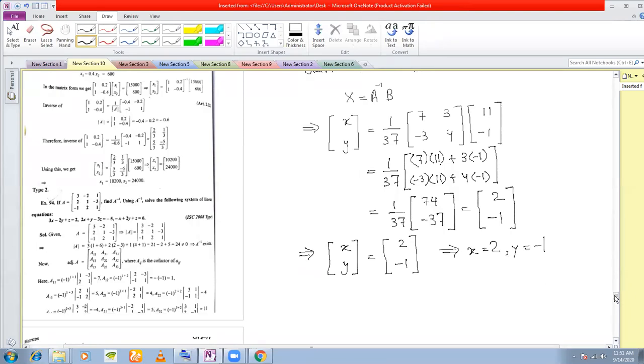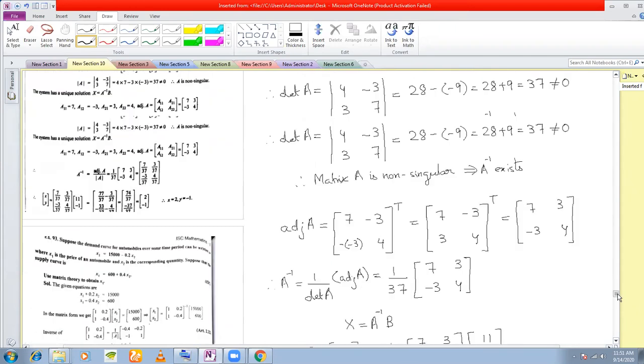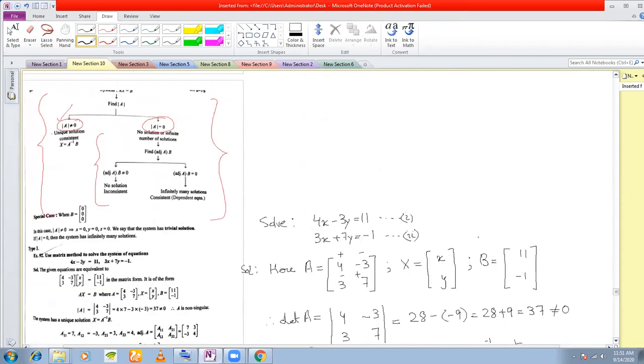So once you know how to find out the solution of three equations, three unknowns, two equations, two unknowns is very easy. Okay, now what I'll do is last day I told you to check out this chart. Yes, sir.